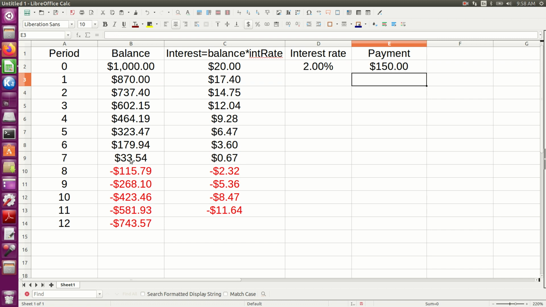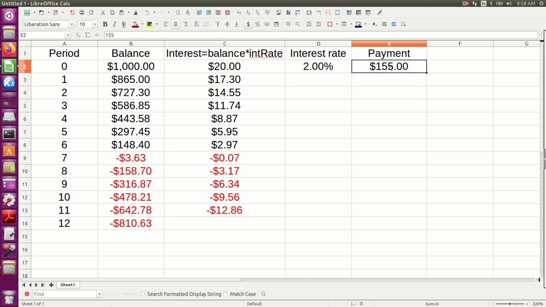I didn't pay enough. Well, let's try 155. Okay, I overpaid by $3.63. That's pretty good. I owed 148. The bank would be probably pretty happy with that. Now, but if you're a little anal retentive or something like that, we can try 153.